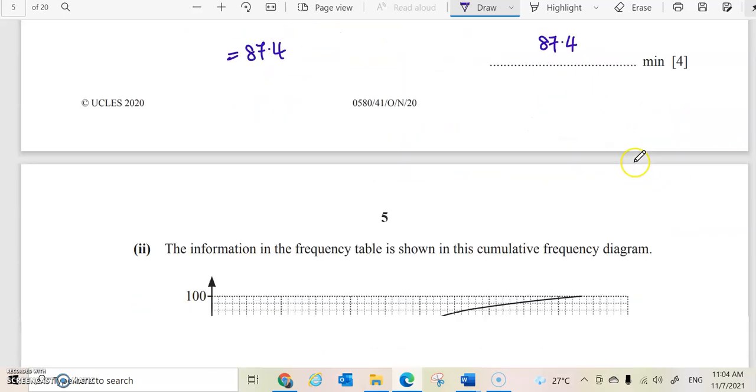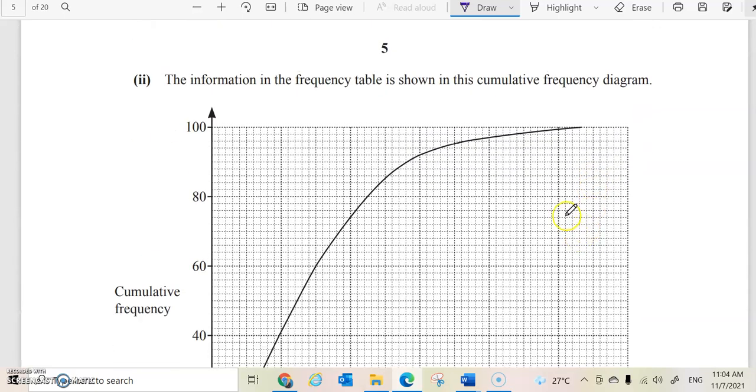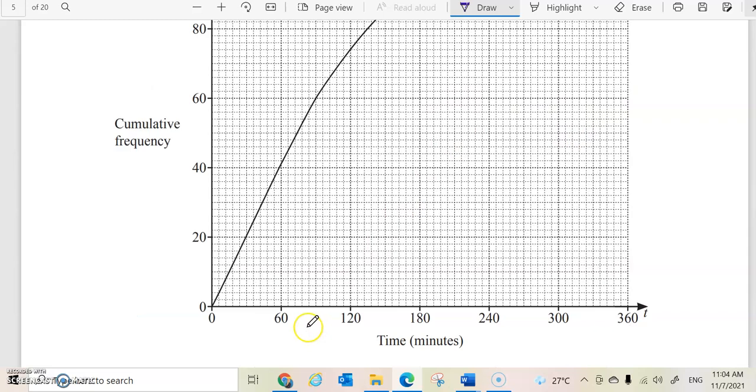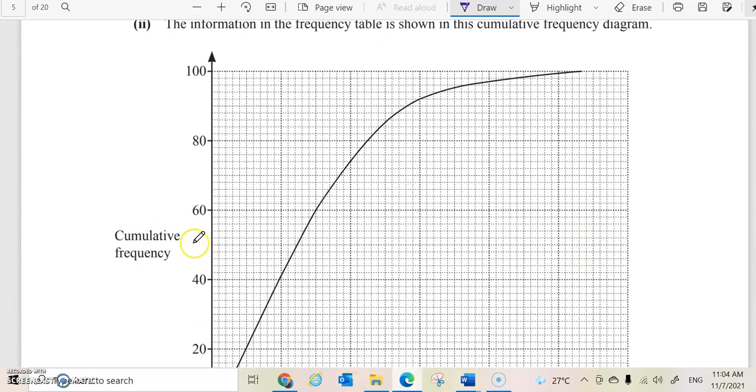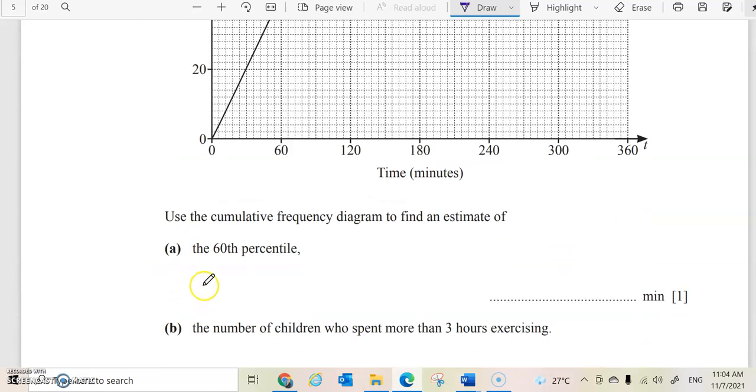Okay. So next we go to question 2. Okay, the information in the frequency table is shown in this cumulative frequency diagram. Okay, so this is a cumulative frequency diagram, times versus the cumulative frequency. So use the cumulative frequency diagram to estimate the 60th percentile.